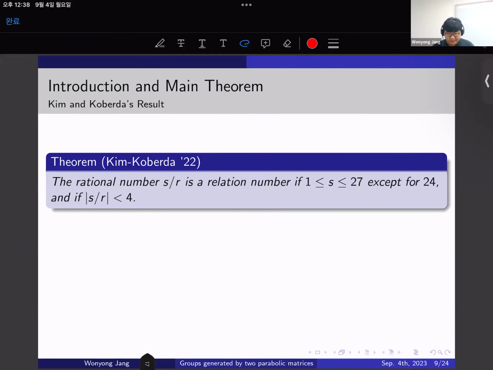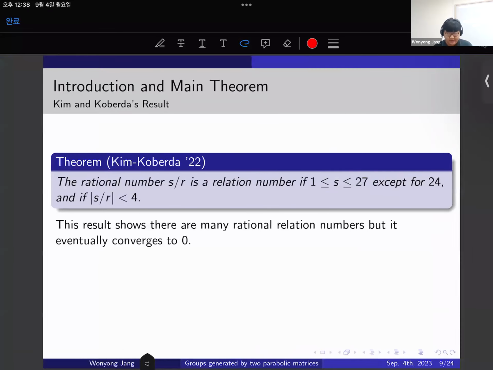Now, I introduce the recent result of Kim and Kim. They show that the rational number S over R is a relation number whenever S is between 1 and 27, except for 24, and its absolute value is smaller than 4.